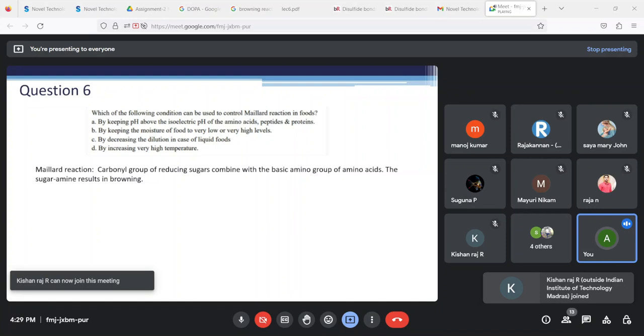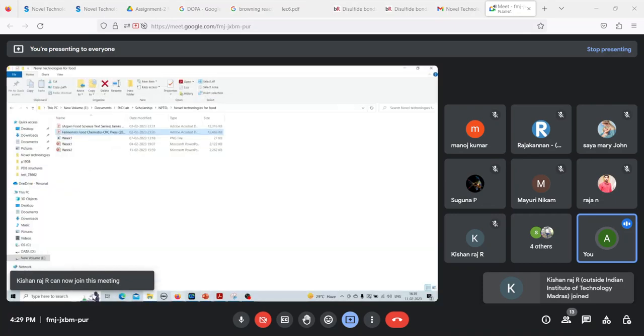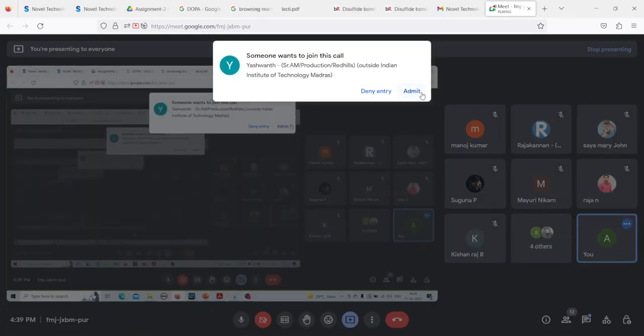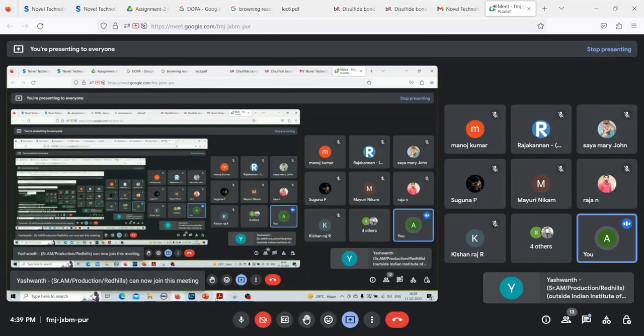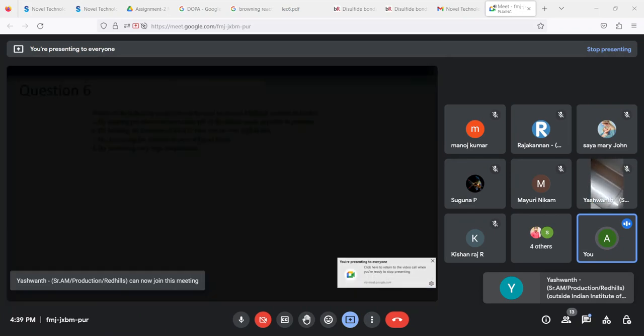So if you guys remember the Maillard reaction, the sugar amine group will undergo a lot of condensation processes as well, which means it requires water molecules to complete the process of browning. So the water content in a protein plays a very important role in the browning reaction.